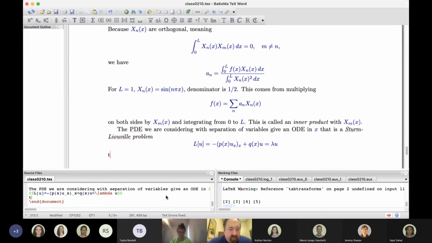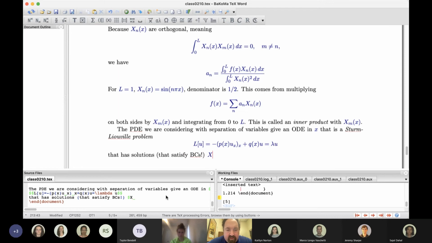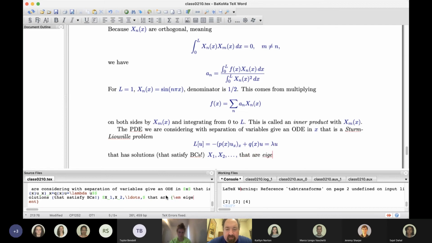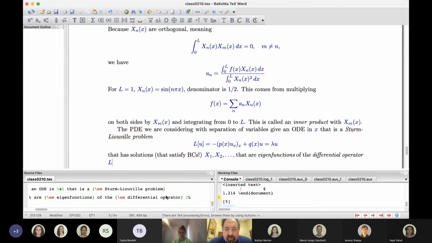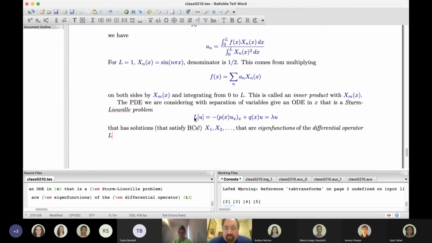And as I mentioned in earlier notes, solutions that satisfy the boundary conditions, whatever boundary conditions you are given, so that's a very important point, are eigenfunctions of the differential operator L, because a differential operator is an operator that takes as input a function, computes derivatives, multiplies by coefficients, and produces another function.